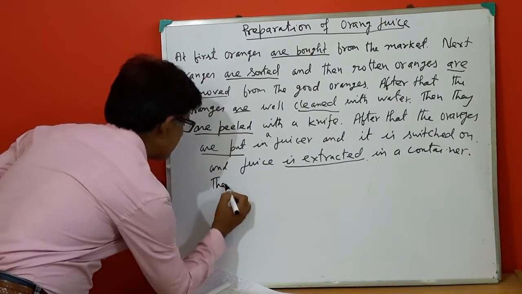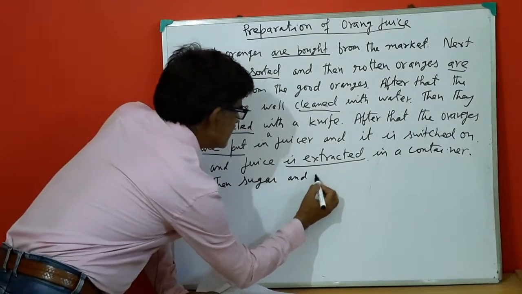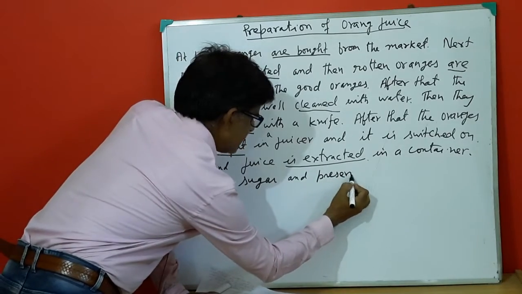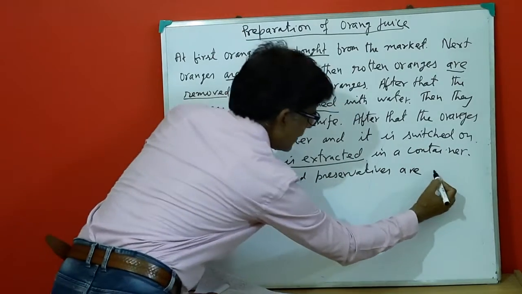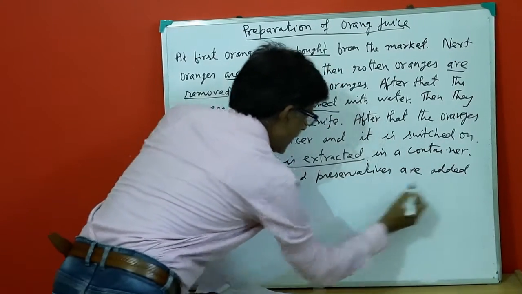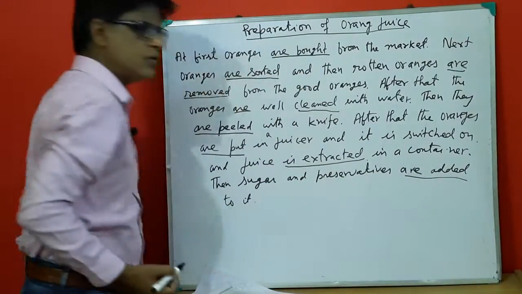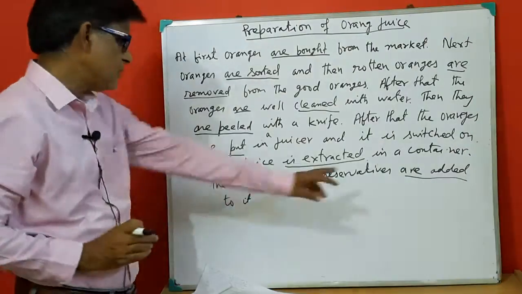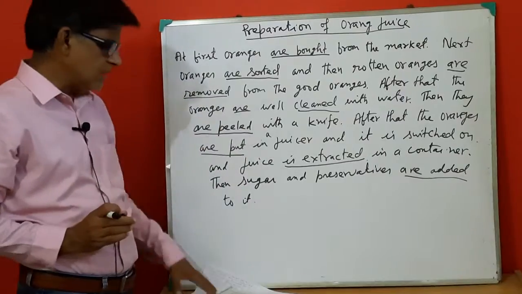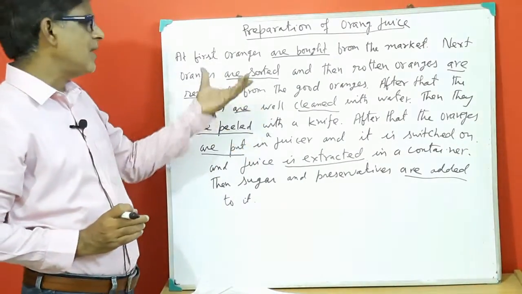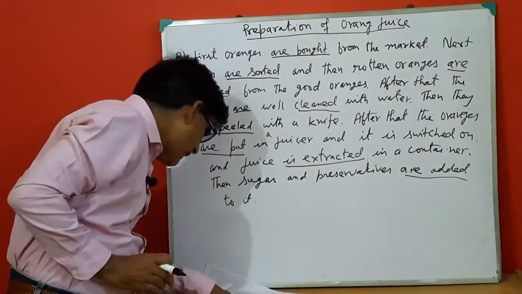Then sugar and preservatives are added to it. So here are added. You can see that in the points verbs are given. You are just supplying a helping verb. So sugar and preservatives are added.